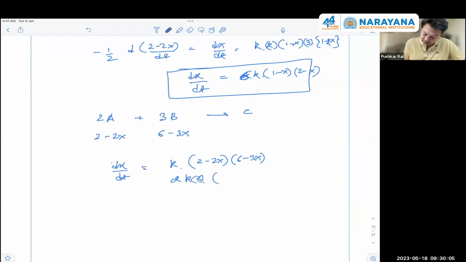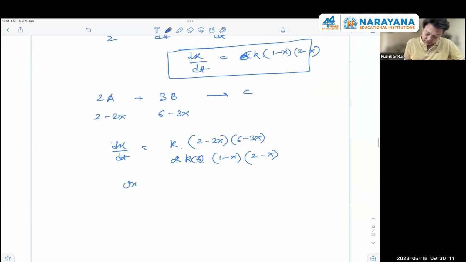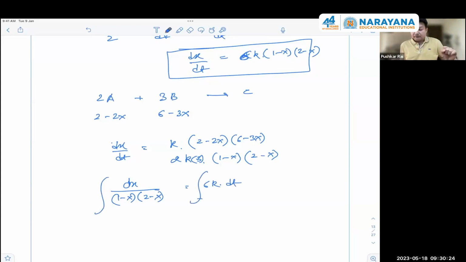So this is 1 minus x, and if you take 3 out, then 2 minus x. So basically you have to solve dx over (1 minus x)(2 minus x) is equal to 6k dt. The fund of the problem was this.